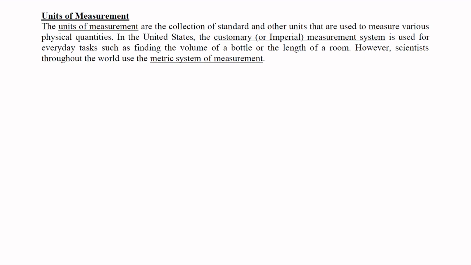So, for example, in your car, if you look at the speedometer, you're going to see miles per hour in the bigger numbers. But then if you look on the smaller side, you're going to see smaller numbers, whereas kilometers per hour. Because if we were to drive a car from the United States to Canada, in Canada, they measure their speed in kilometers per hour because they use the metric system.